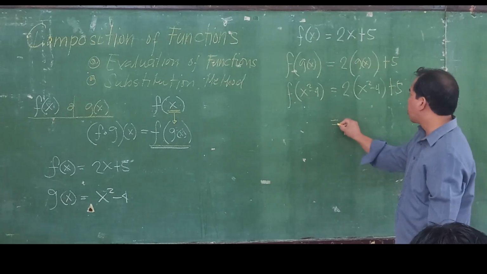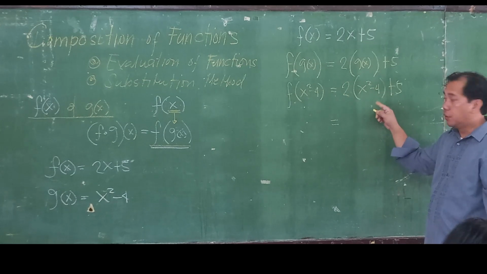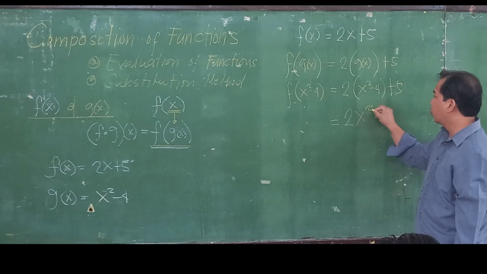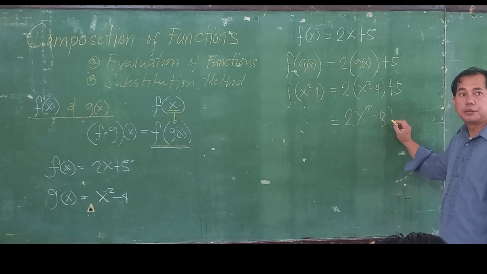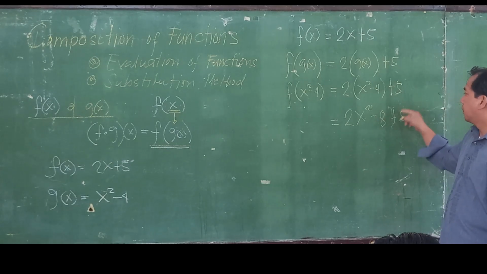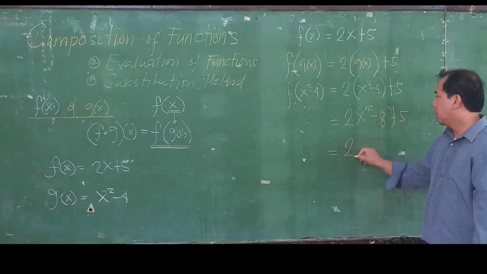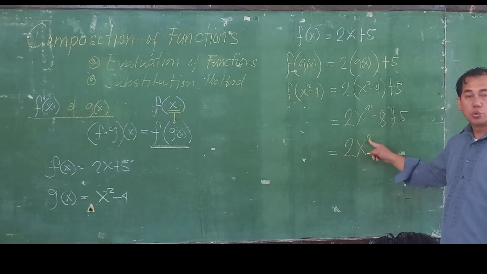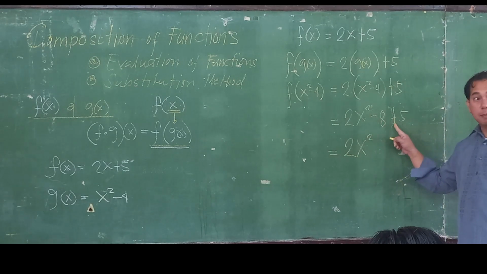Continue our computation. Definitely, we will distribute. We have 2x raised to 2 minus 8 plus 5. Final answer. 2x raised to 2, negative 8 plus 5.